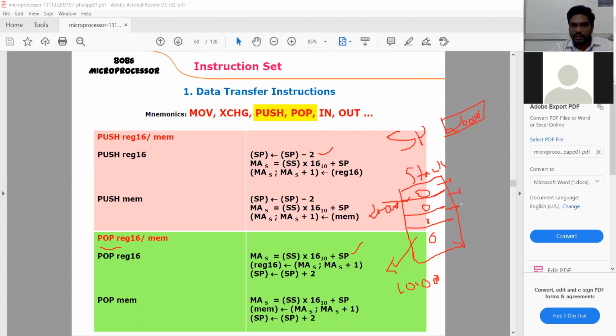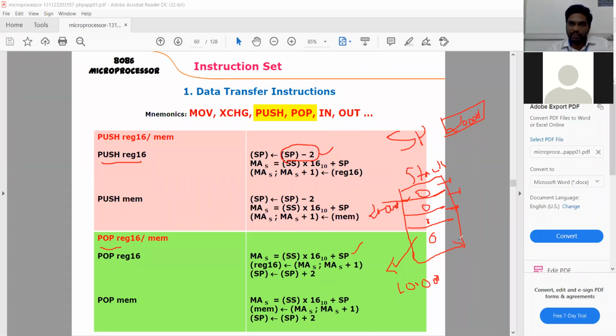In order to fill the stack, we have to perform the decrement operation. That means when you use the push instruction, we are indirectly performing the decrement operation in the stack.